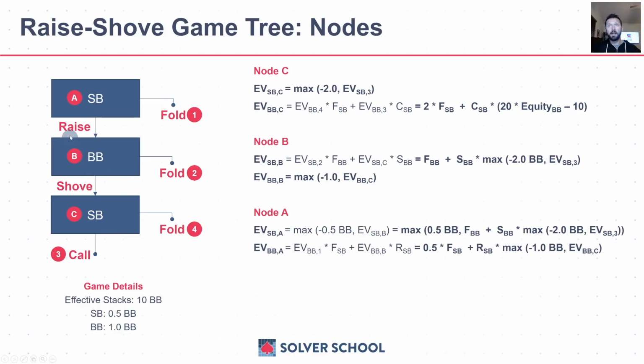Likewise, the big blind at point A is going to be equal to the frequency at which the small blind folds times the EV of the big blind at point 1, plus the frequency at which the small blind raises times the EV of the big blind at point B, which we know that this first EV is equal to 0.5 times the frequency at which the small blind folds, plus this second equation of the big blind here plugged in for the frequency at which the small blind raises here, so times this EV.